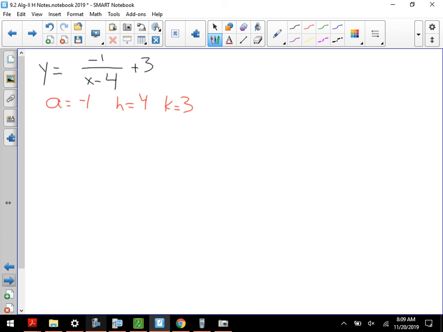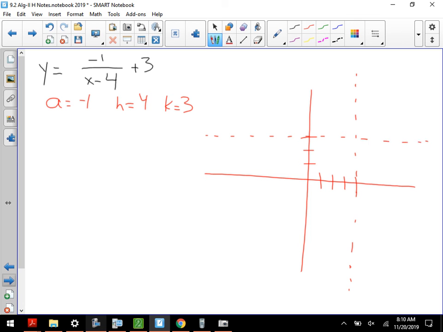That means my vertical asymptote is at 4, the zero of the denominator, and my horizontal asymptote is at 3. Which means what values of x should we be choosing?